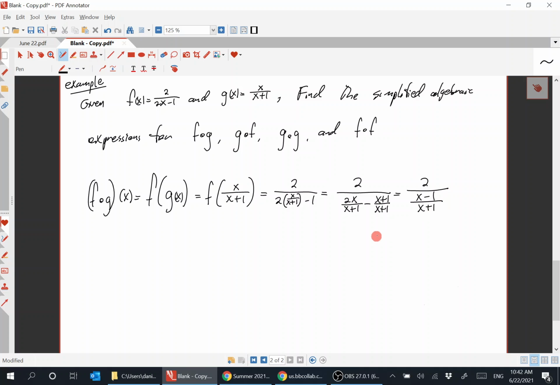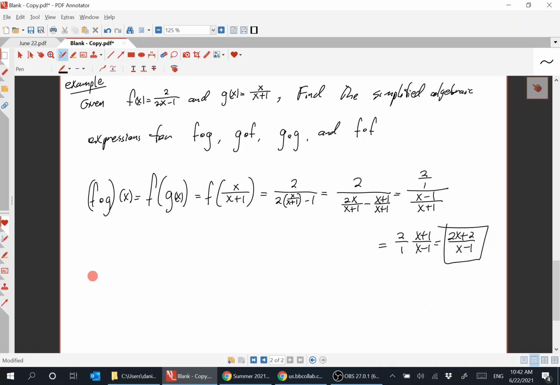So this is equal to 2 over 1 times x plus 1 over x minus 1. Take the top fraction and multiply by the reciprocal at the bottom. So that's 2x plus 2 over x minus 1. There's my simplified expression for f following g of x.